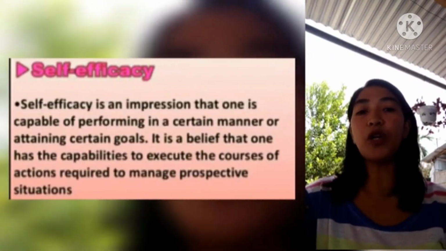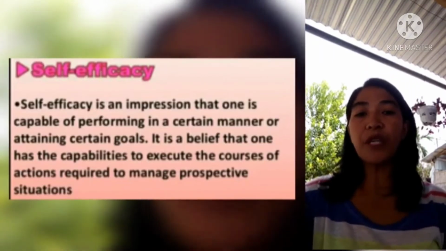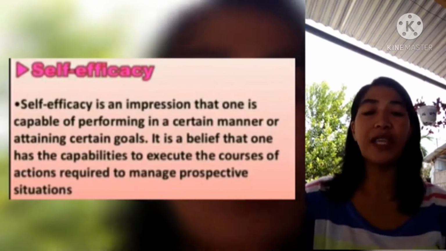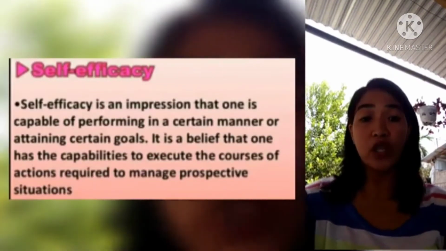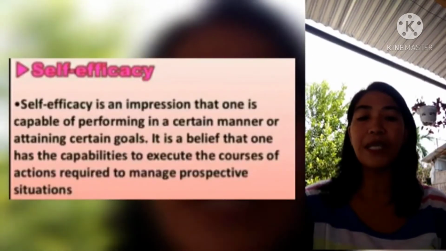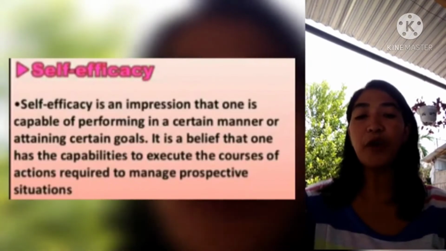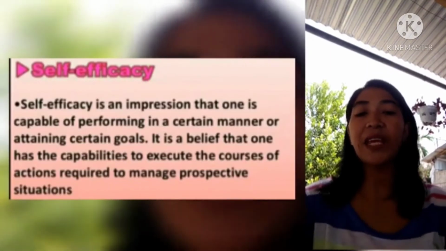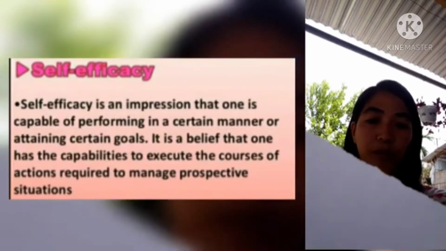Self-efficacy is a behavior or performance motivation. The sources of self-efficacy are own experience, vicarious experience, verbal persuasion, and emotional arousal. The effects of self-efficacy are choice, approach or avoid, effort and persistence, thinking and decision making, and emotional reaction.